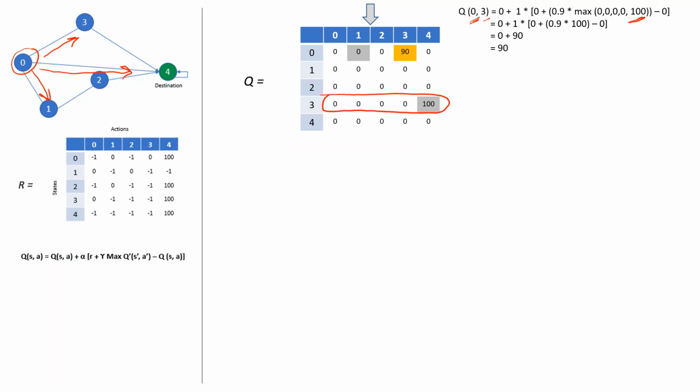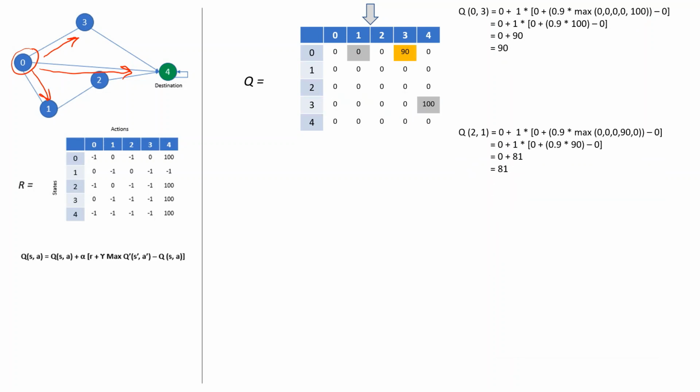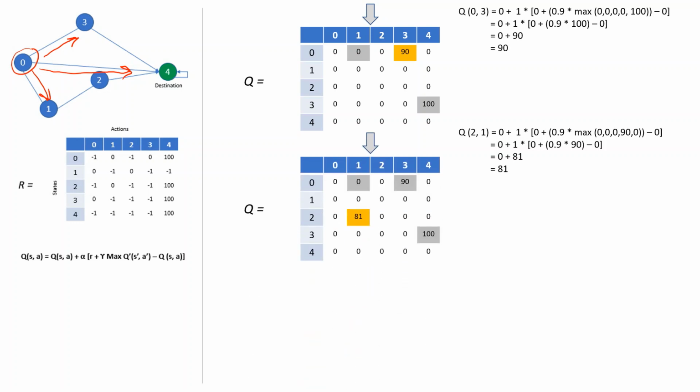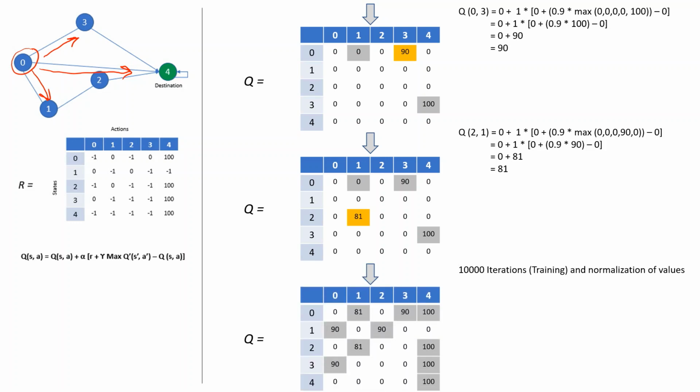So based on this, when we calculate the Q value for 0, 3, it is 90, which is placed here. Similarly, if we calculate it for 2, 1, it will be something like that. And after 10,000 iterations or training, this will look something like this.